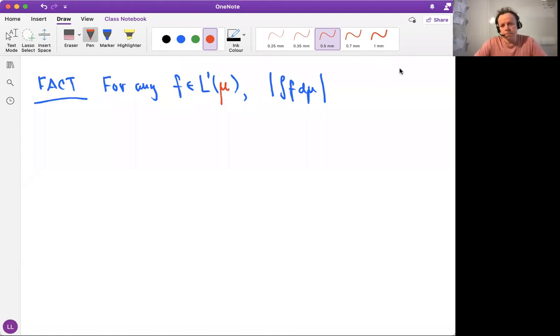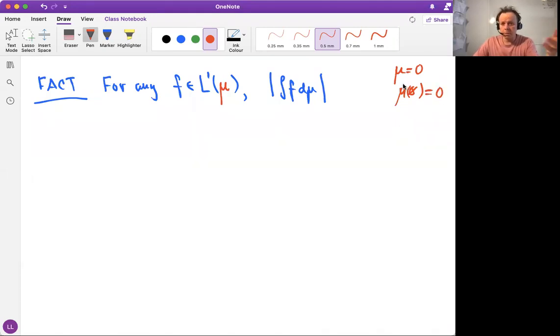For example, think about the measure defined by mu equal to 0 identically. Is that a measure? It is a measure because the measure of the empty set is 0, as it should be. Is it countably additive?